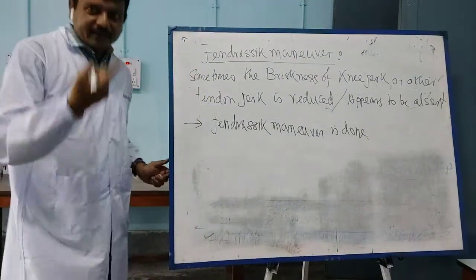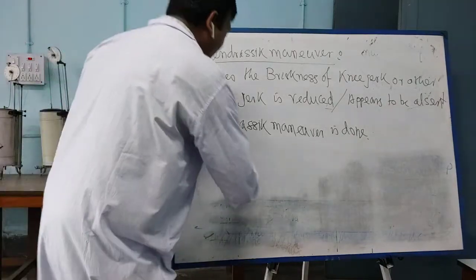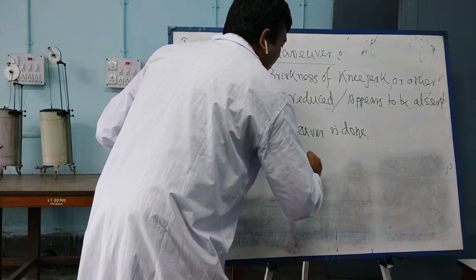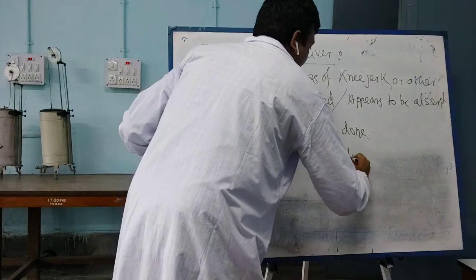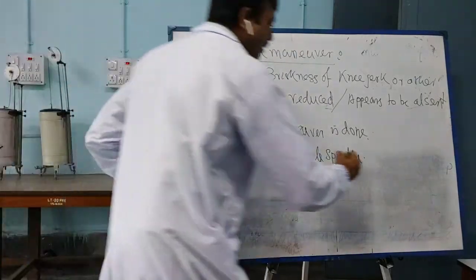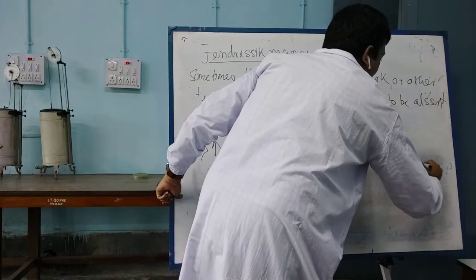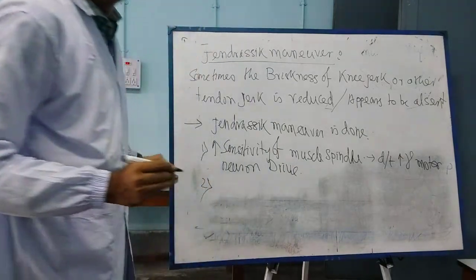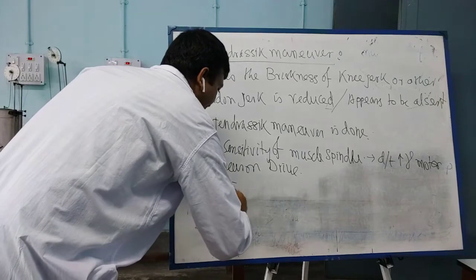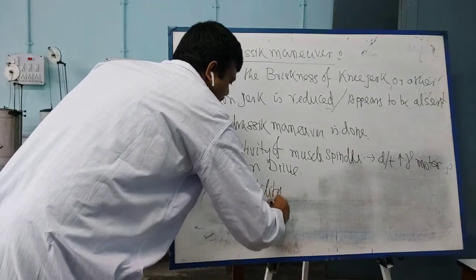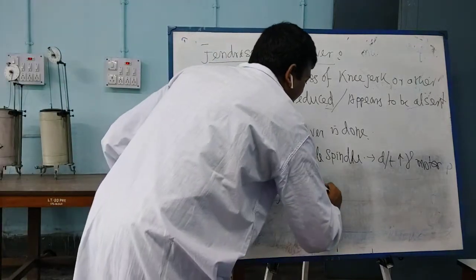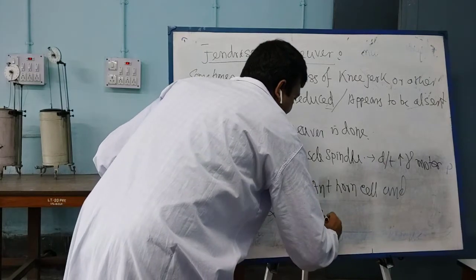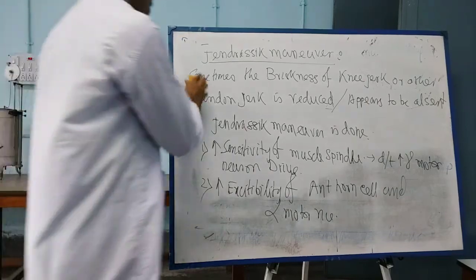It acts by increasing the sensitivity of the muscle spindle due to increased gamma motor neuron drive, and also it causes increased excitability of the anterior horn cell and alpha motor neuron.